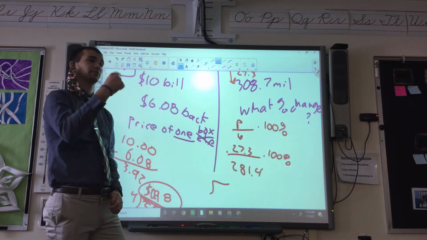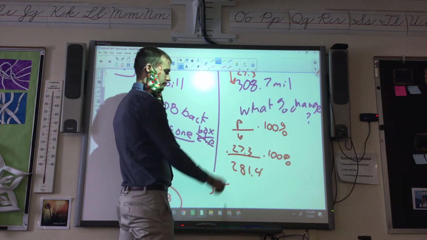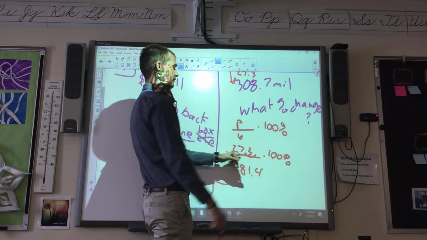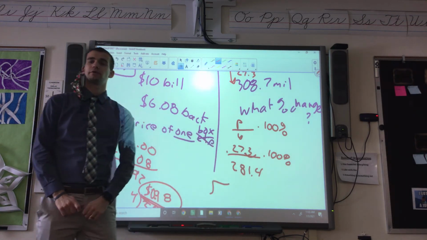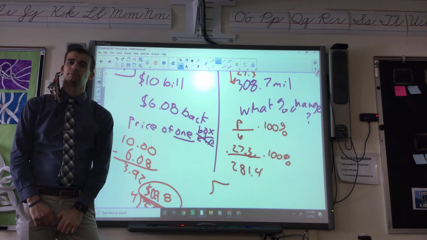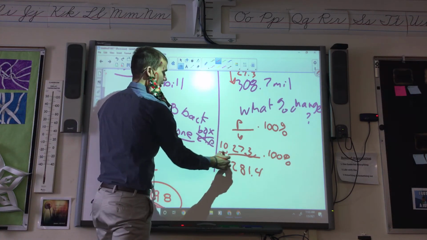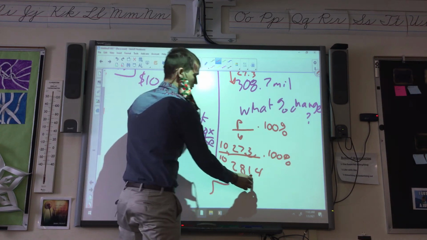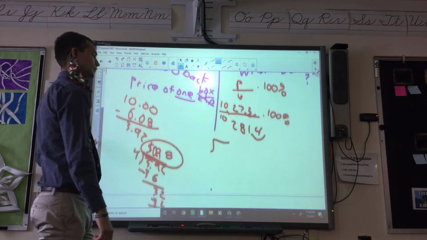You're only shifting one decimal point, so you have to multiply by. Think, 27.3 times what is 273? 10. Yeah, 10. And whatever you multiply by on the top, you gotta multiply at the bottom. 273 over 2,814.